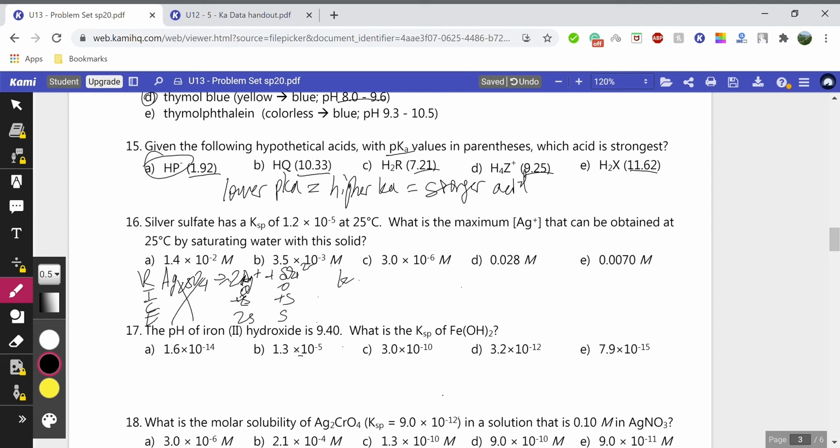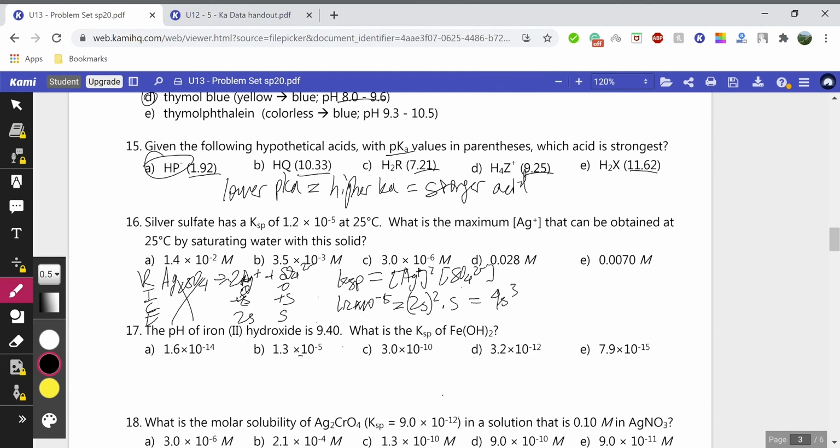And Ksp is equal to Ag plus squared times SO4 2 minus. Then Ksp, 1.2 times 10 to the negative fifth, is equal to 2s squared times s, which is equal to 4s cubed.